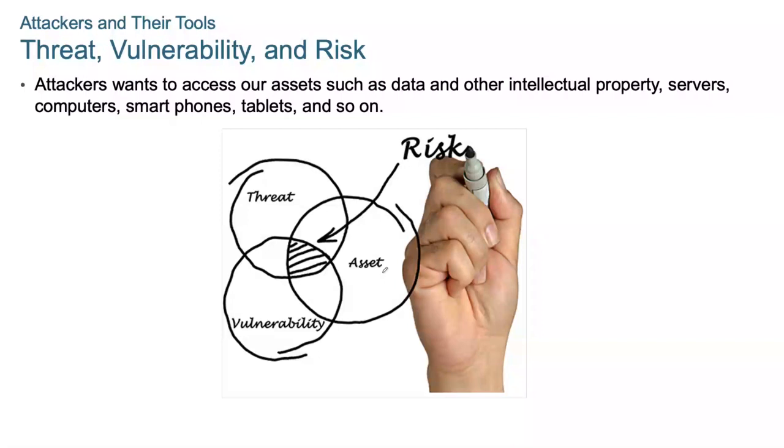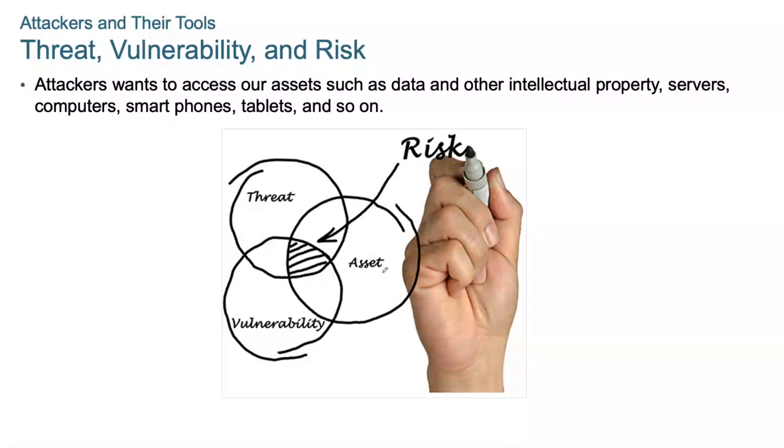Assets are anything like your data, personal information, bank credit information, intellectual properties, servers, computers, smartphones, anything that belongs to any individual or organization. The attackers try to attack those things.